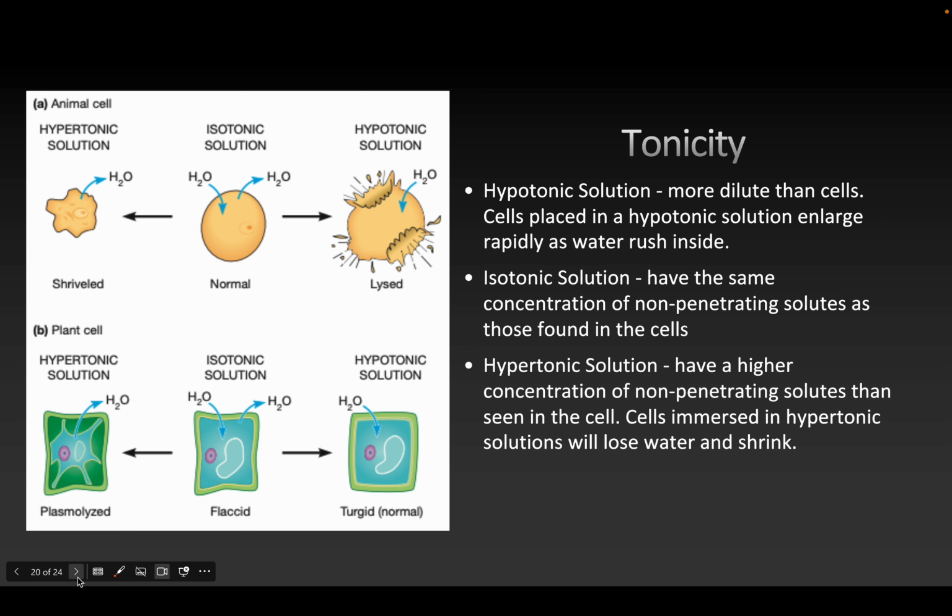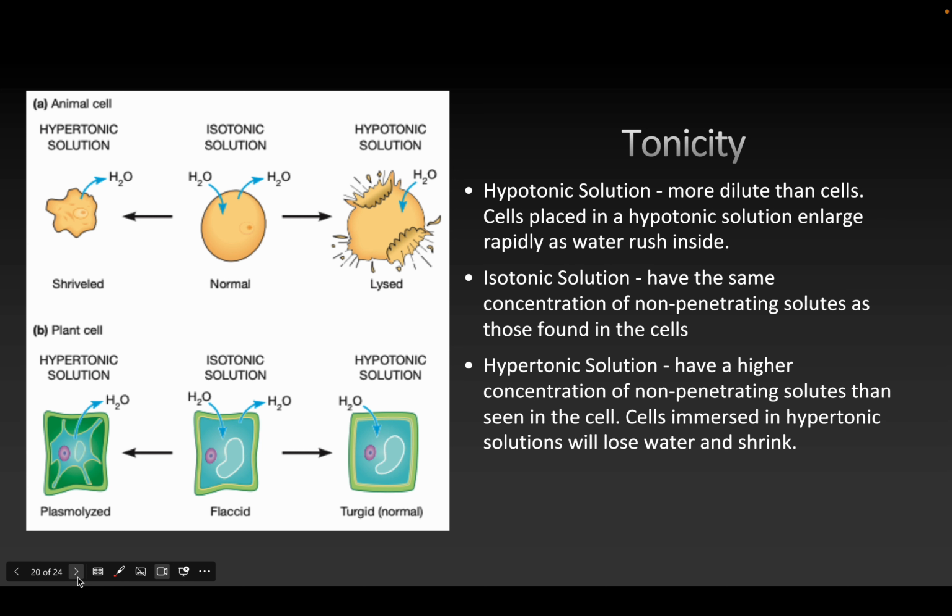Remember, during osmosis, the tendency of water is to go to a location where there is higher solute concentration. So if the ambient is hypotonic, then water will go inside the cell and will try to equilibrate the concentration of the solutes of the internal environment and the ambient.